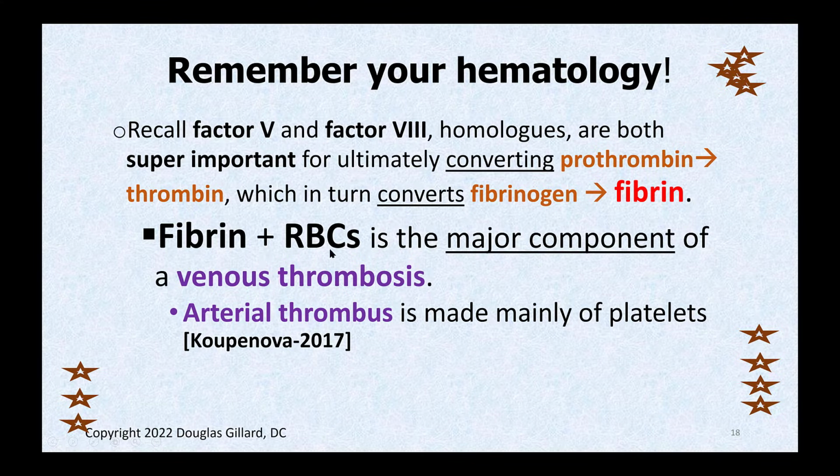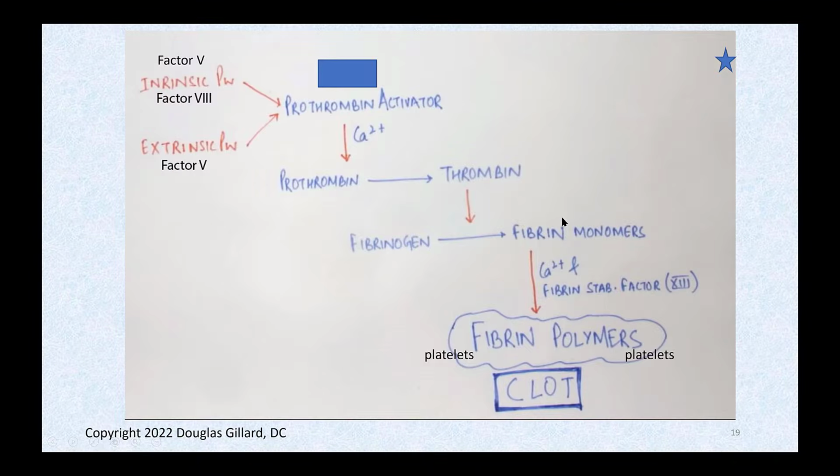Anyway, so fibrin plus red blood cells is what a venous thrombus is made of. Interestingly, it's not what an arterial thrombus is made of. There are believed to be different mechanisms of clotting with regard to arterial versus venous blood. Arterial thrombus is made mainly of platelets, which is kind of weird. You don't have to memorize this, but for boards you need to remember this. But just to show you how important factor VIII and V are, factor V in particular is involved in both the intrinsic and extrinsic pathways that ultimately produce fibrin.